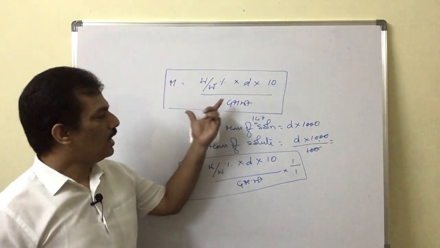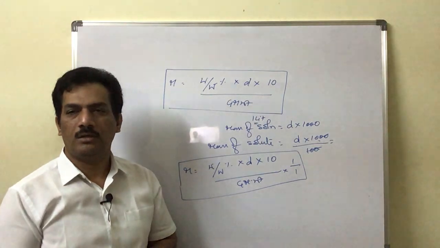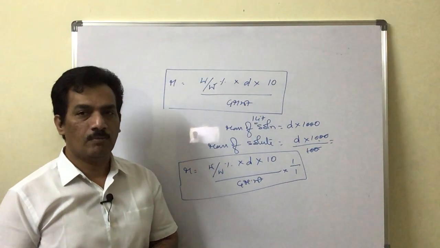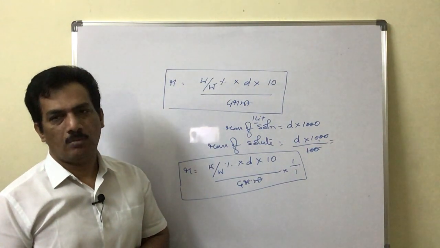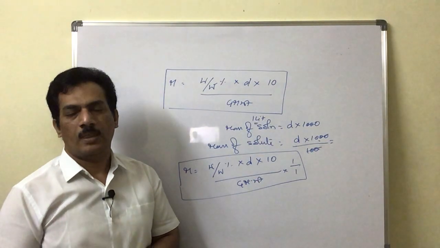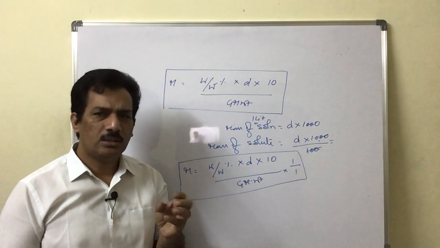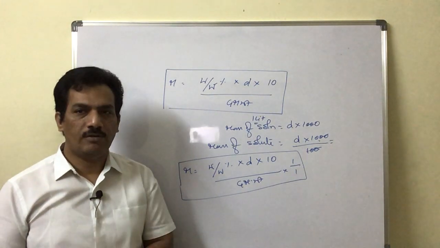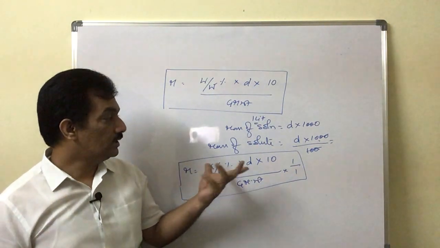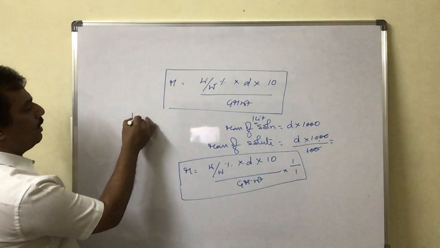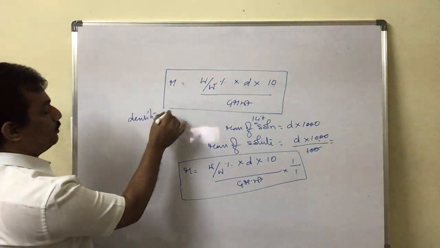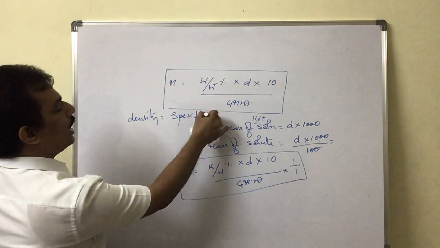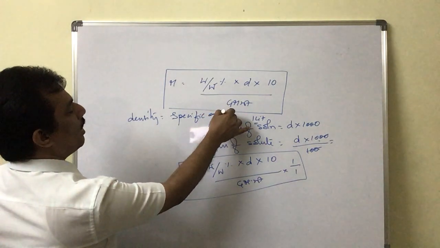So like this we have different formulations to calculate the molarity. When only weight volume percent is given, weight volume percent into 10 by gram molecular weight will provide molarity. In case weight percent and density are given, then molarity is nothing but, just remember, weight percent into density into 10 by gram molecular weight. Sometimes specific gravity is used to represent density.